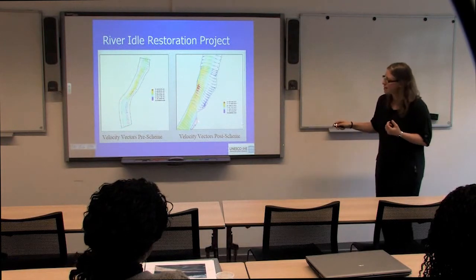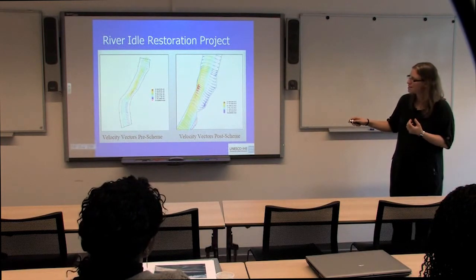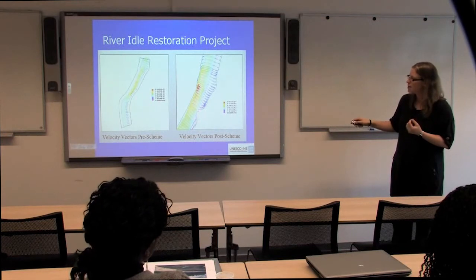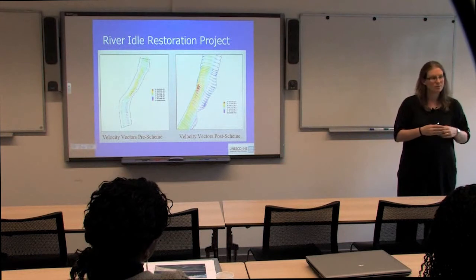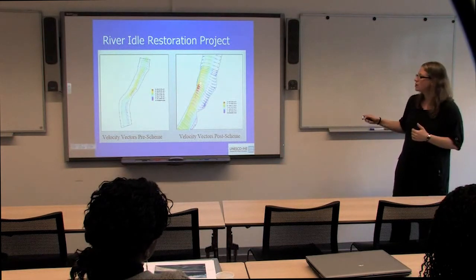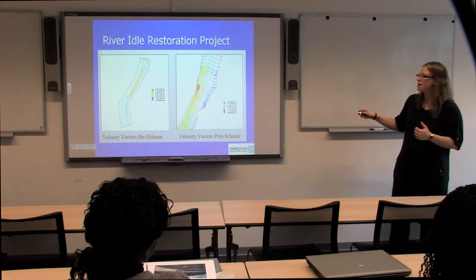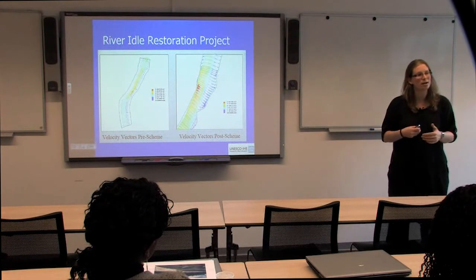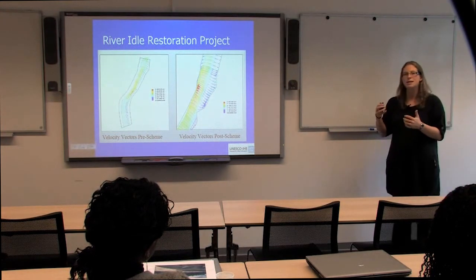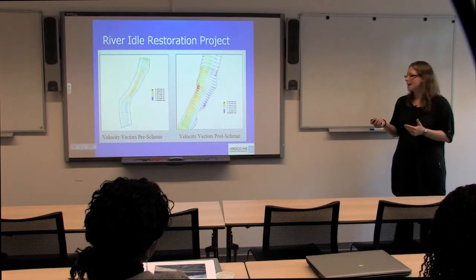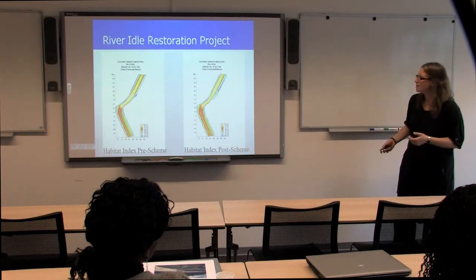So what they did was they built, so you can see this is a zoom in here, and this is the post scheme, where they've built a buffer which directs the flow to the other side of the river. So you've got this period of high flow being directed to the other side of the river, and then you've got an area of refuge on the other side. So they've used the model to predict that they're improving the habitat by their intervention.